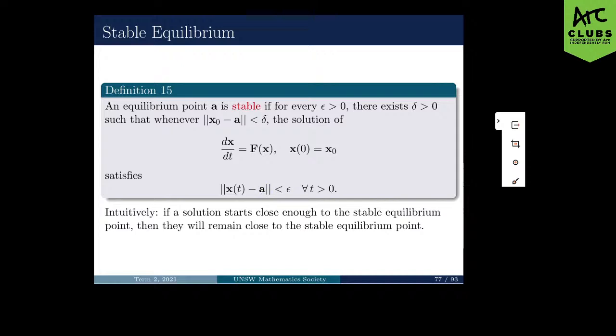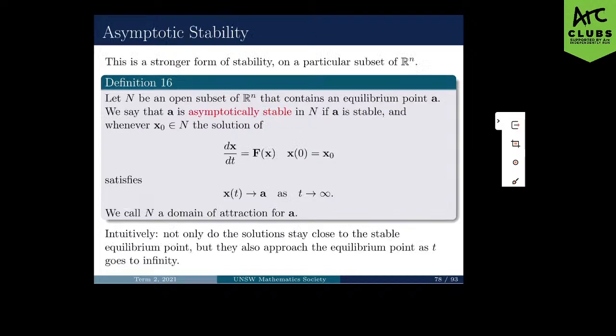So that means that if a solution starts close enough to the stable equilibrium point, then it has to remain close to it. Now we define asymptotic stability, and this is a stronger form of stability. As opposed to neutral stability, we define asymptotic stability on some open subset.